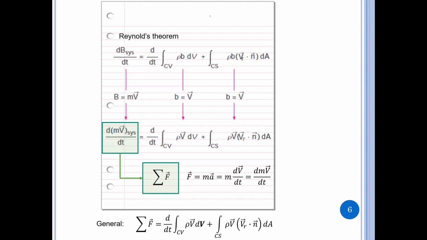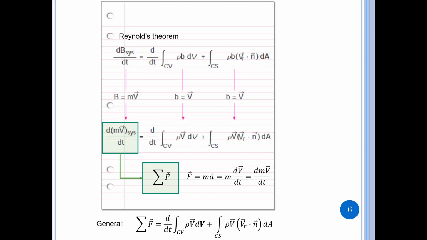dB system over dt is equal to d over dt integral over control volume rho b dV plus integral over control surface rho b v dot n dA. Here the uppercase B represents linear momentum, which is mv, and for the lowercase b, we divide this by m, so it becomes velocity.